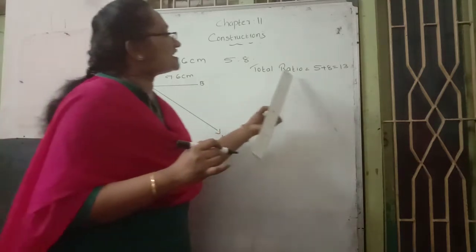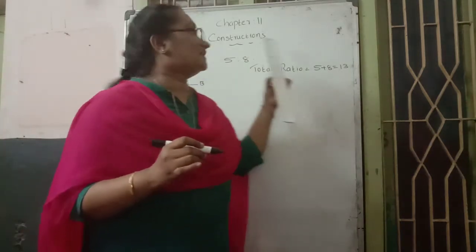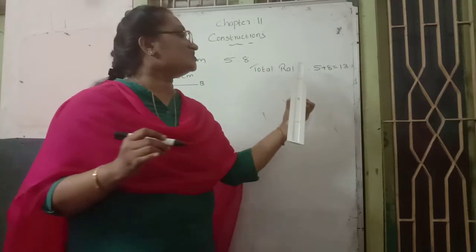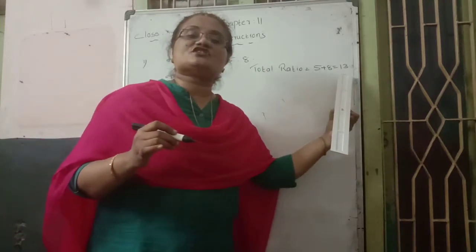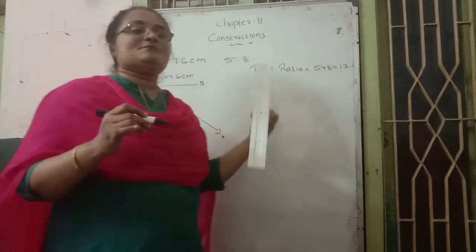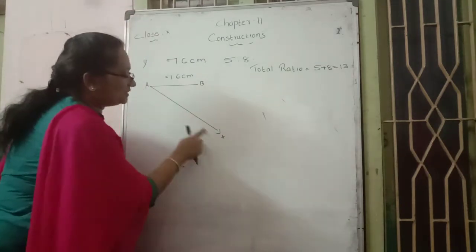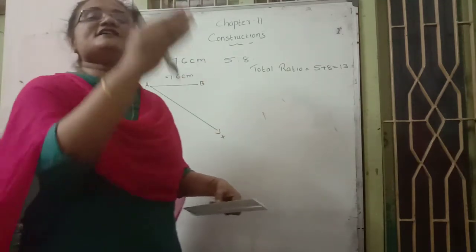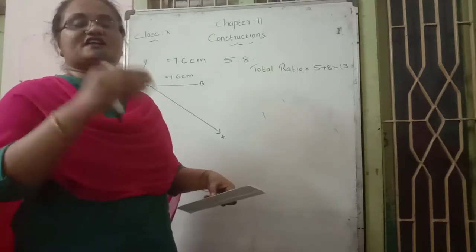Then the total ratio is how much? The ratio is given as 5:8, and 5 plus 8 becomes 13. So we divide the AX ray into 13 pieces.